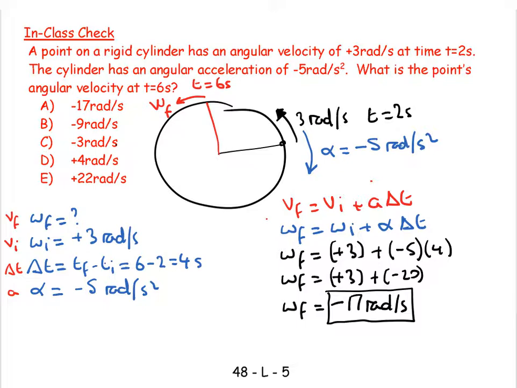My angular acceleration alpha was equal to minus 5 radians per second squared. This is like throwing a ball up in the air. It's going to go up, but it's slowing down, and at some point it's going to stop and then reverse directions.